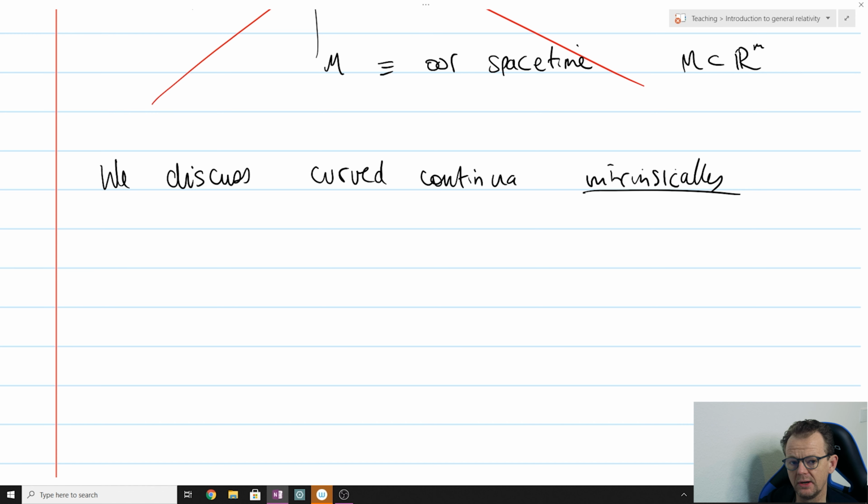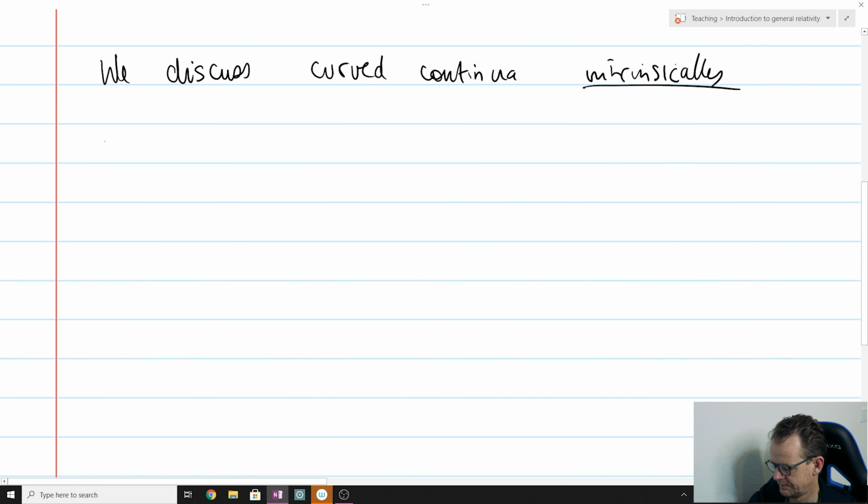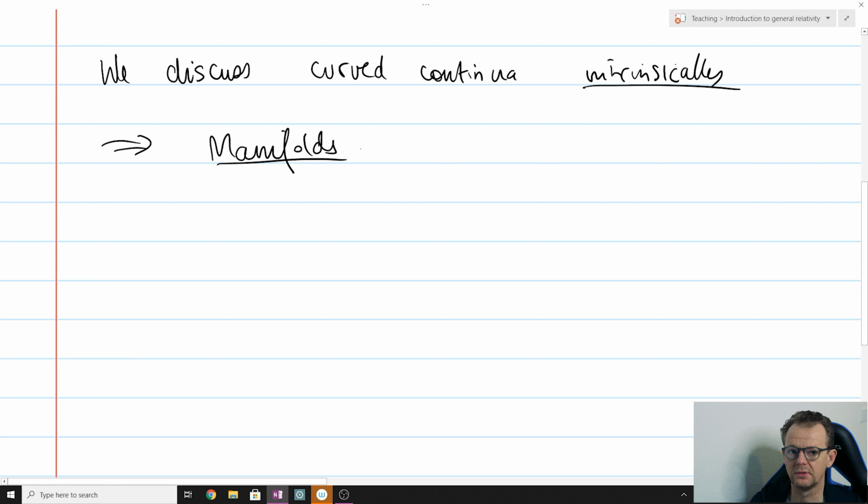When you try to describe the mathematics of curved spaces and curved continua intrinsically, you are led to the topic of manifolds, the mathematical theory of differential geometry and manifolds. It's this mathematical theory that we are going to occupy ourselves with for the next 10 lectures or so.